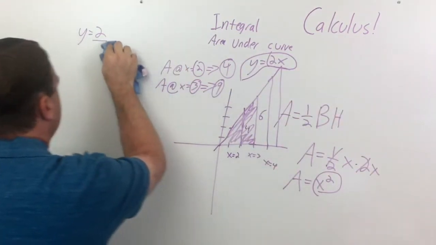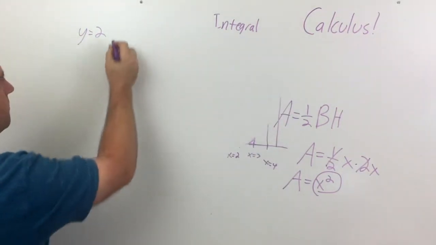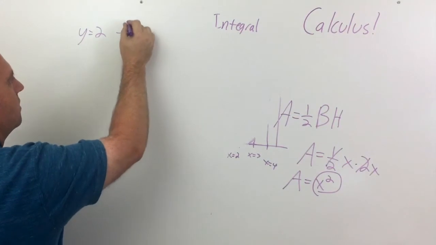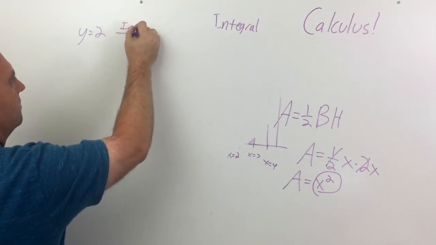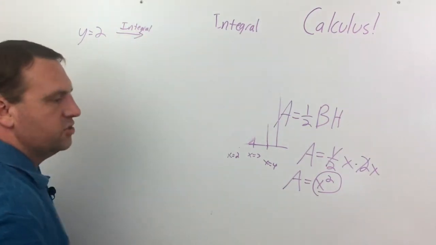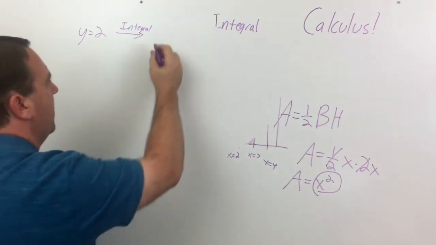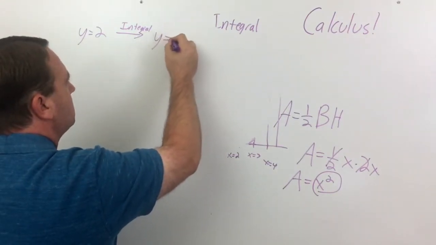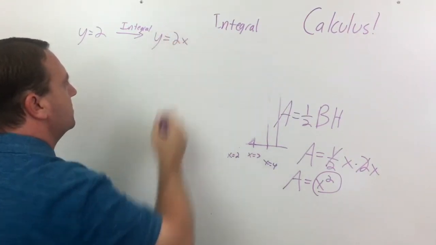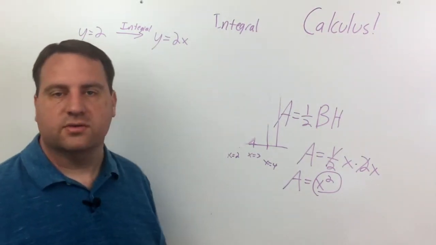So let's write what we have so far. So we started with y equals 2. And then we took the integral. And by that I mean we found an equation for the area under this curve. And that integral was y equals 2x. This gave us our graph where we were doing triangles.